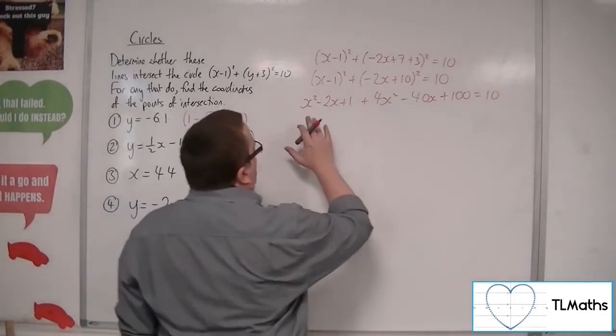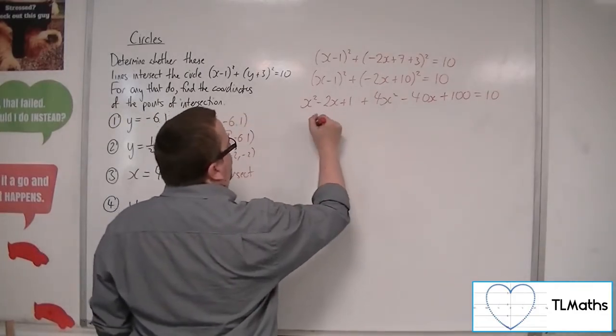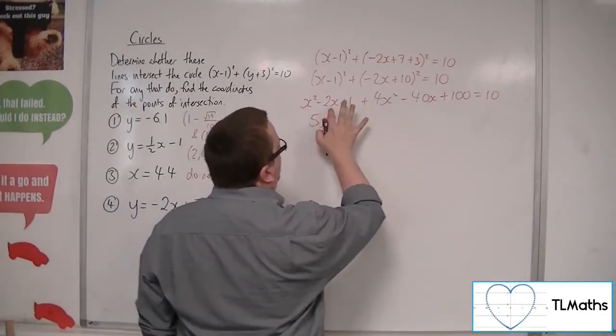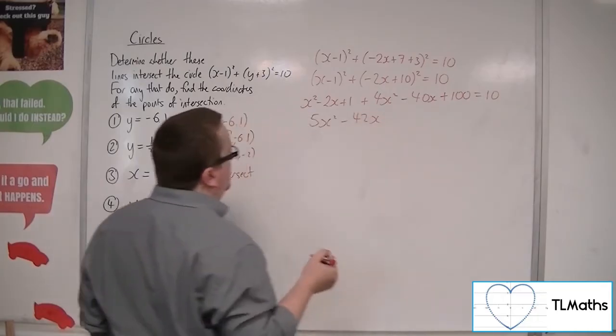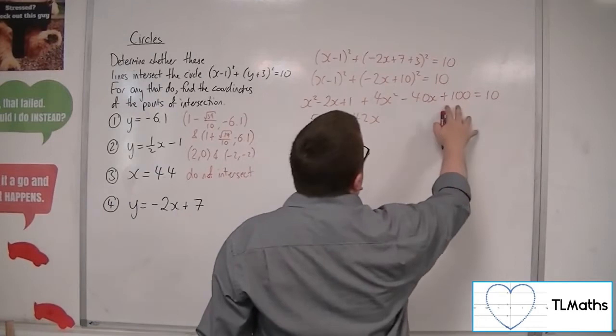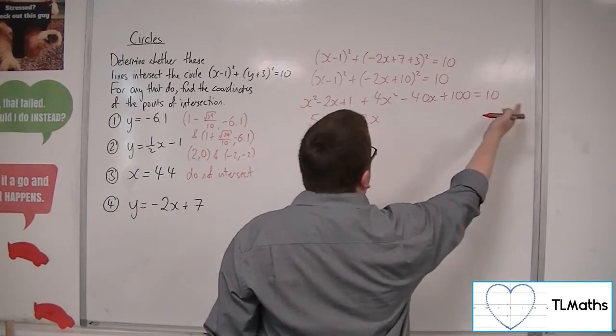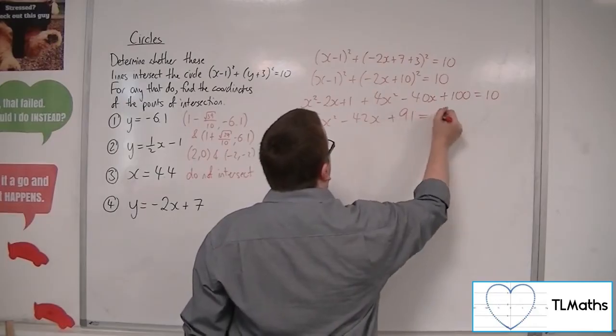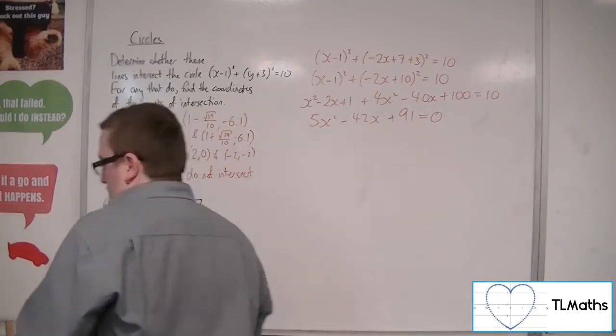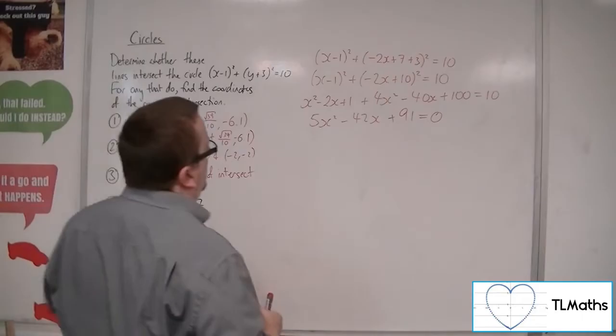Right, so now what have we got? We've got the x² and the 4x², so 5x². We've got -2x take away 40x, so -42x. And we've got the 1 + 100 is 101, but then we've got to subtract 10 from the other side, so +91 = 0.